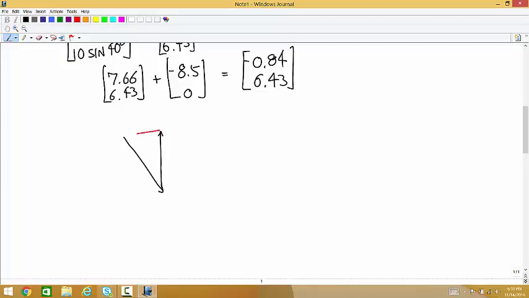So the resultant vector looks like this. And if you put the tail of the resultant vector at the origin, that red resultant vector looks plausibly like negative 0.84, 6.43. So it makes sense. Any questions about any of those?